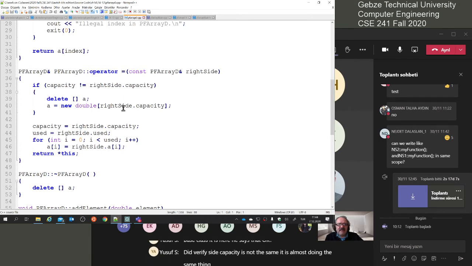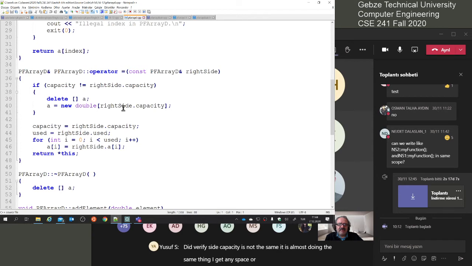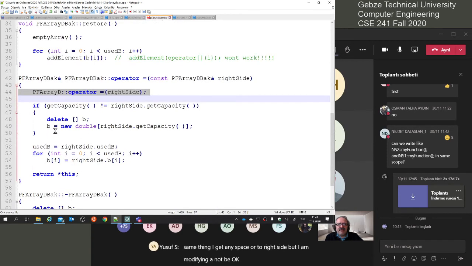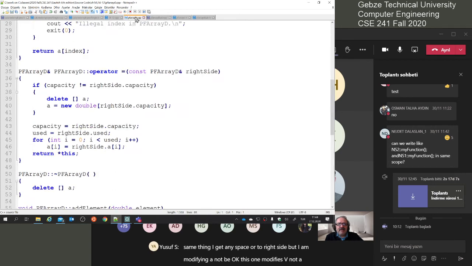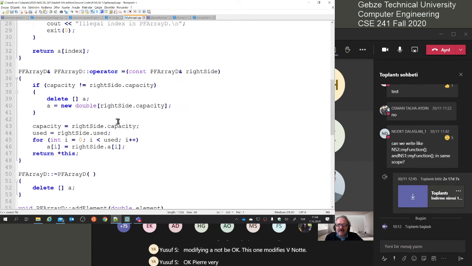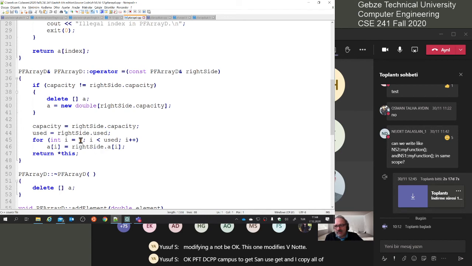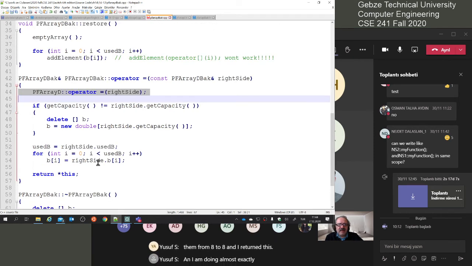I get a new space of the right side, but I am modifying A, not B. This one modifies B, not A. Okay, capacity and used get set, and I copy all of them from A to A, and I return this. And I am doing almost exactly the same thing. I am copying from B to B. One is copying the regular storage space. The other one is copying the backup space.